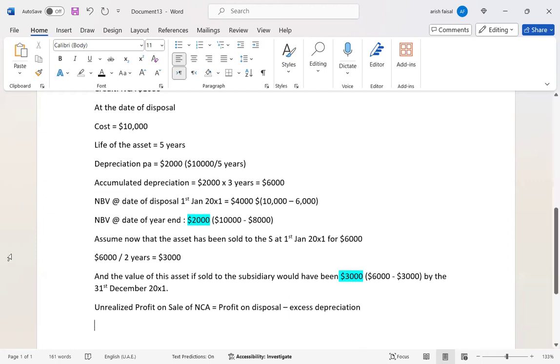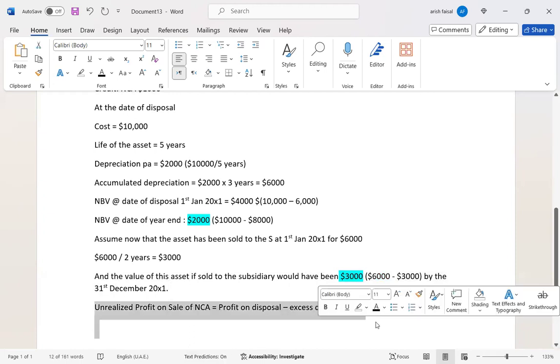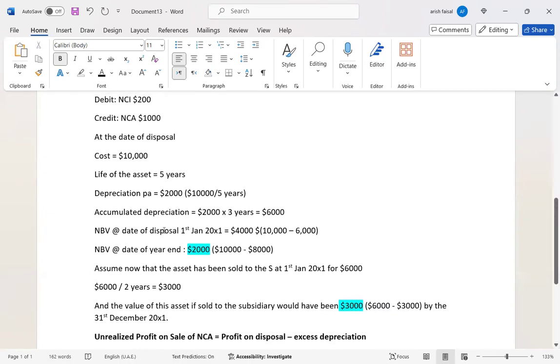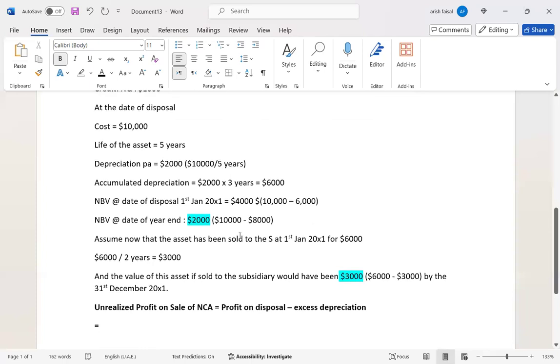Like I gave you the formula for inventory, this is the formula for non-current asset. Now, profit on disposal over here is 2,000, because if you remember, when we were selling it, the net book value at the date of disposal was 4,000 and we sold to the subsidiary for 6,000. So what we made is a profit of 2,000.